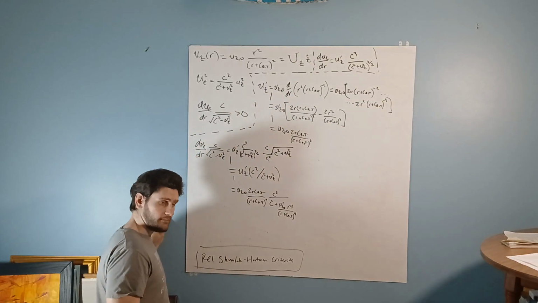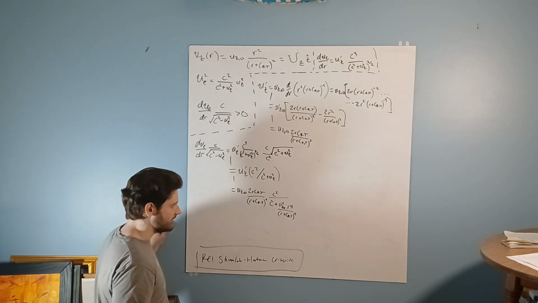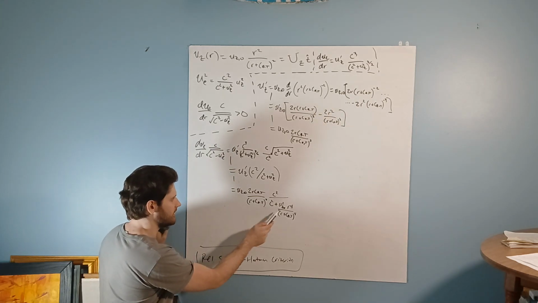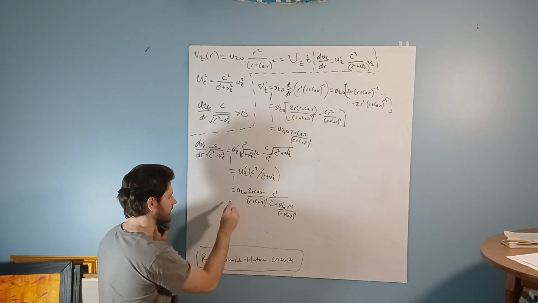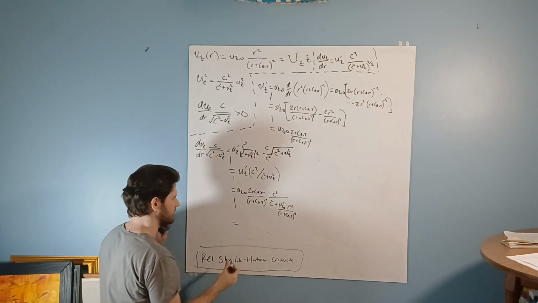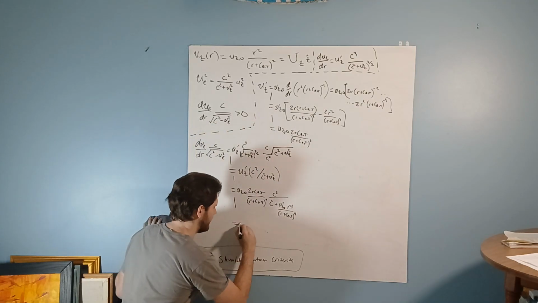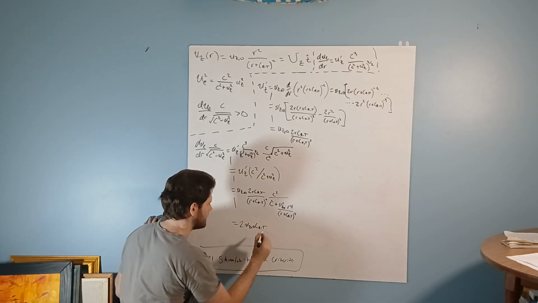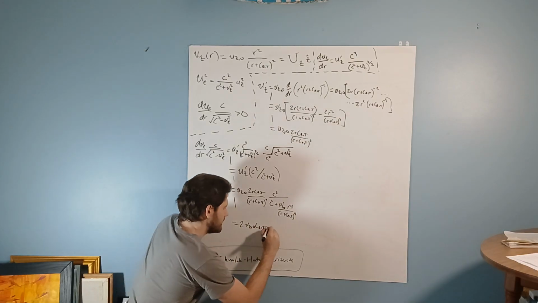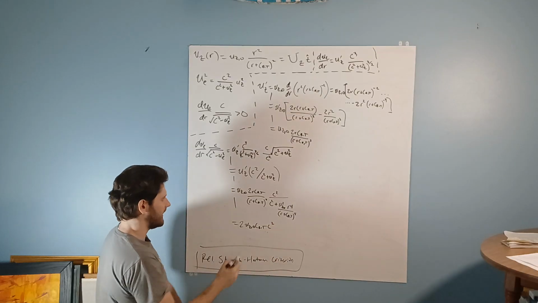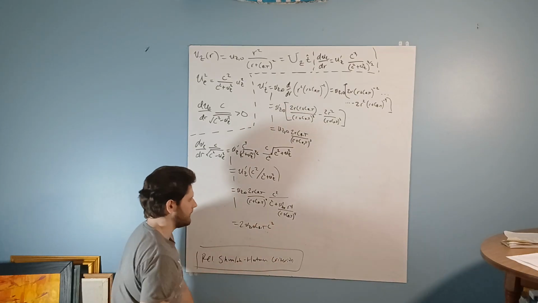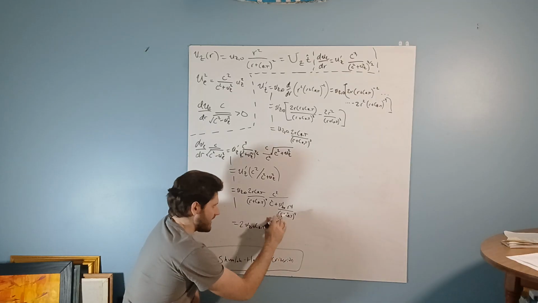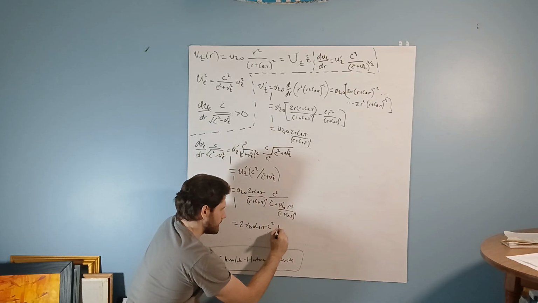So here's where my eyes go when I see this. I go to the fact that there's an r plus CBT cubed, and there's an r plus CBT to the 4th. We're going to get some cancellation. All right? So we have 2 UZ naught CBT, okay, c squared, and then what happens? Well, we get a common denominator in the denominator, all right? And then that ends up getting flipped on top.